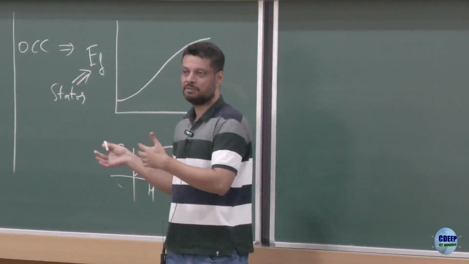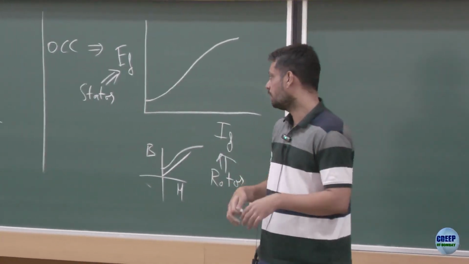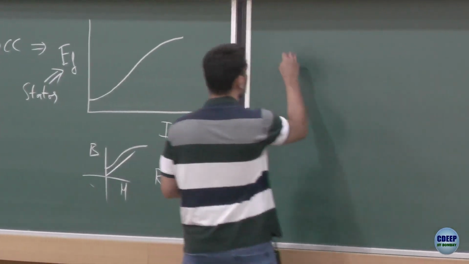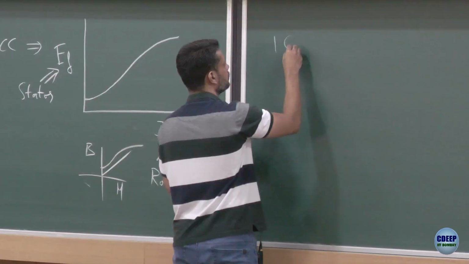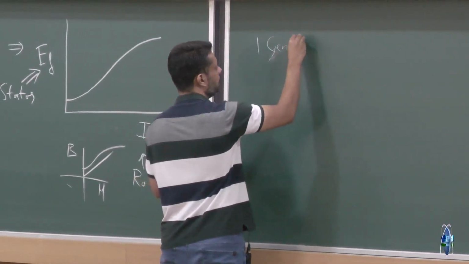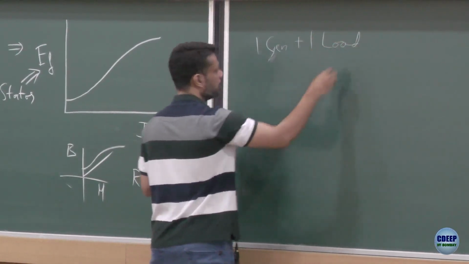Of course, it's a three-phase source. You can have a three-phase load, you can have a single-phase load distributed. We'll draw a per-phase equivalent circuit. So imagine a single generator with a single load kind of a system or a bulk load.